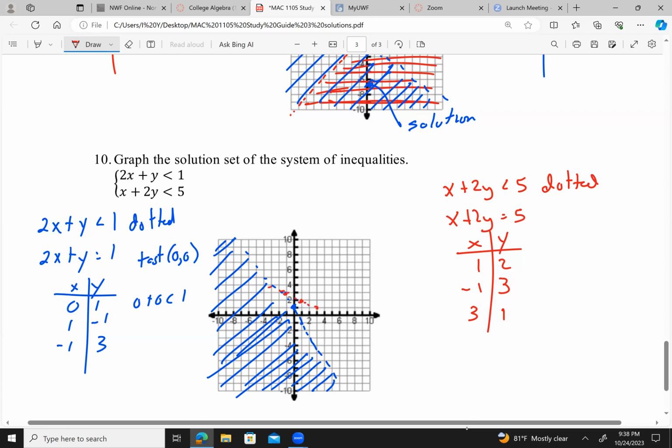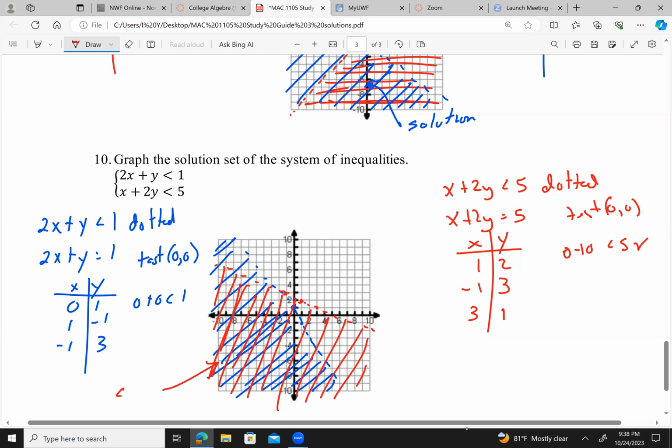And we have a dotted line here. And again, we can test 0, 0. We get 0 plus 0 less than 5. Check. So we're shading the section below. And then our solution is in here. And that, I believe, is it.